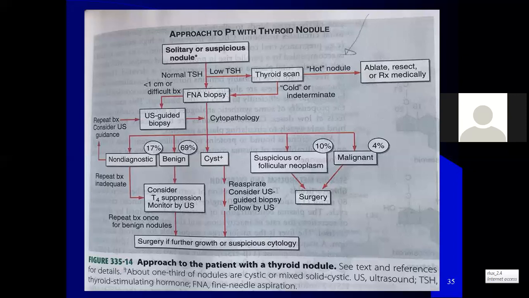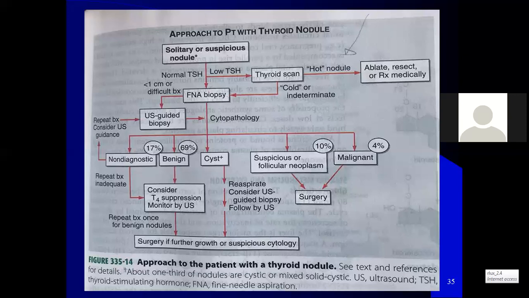So if we do the FNAC and cytopathology and it shows benign, then we go for T4 suppression, and after that we have to monitor through ultrasound scanning.